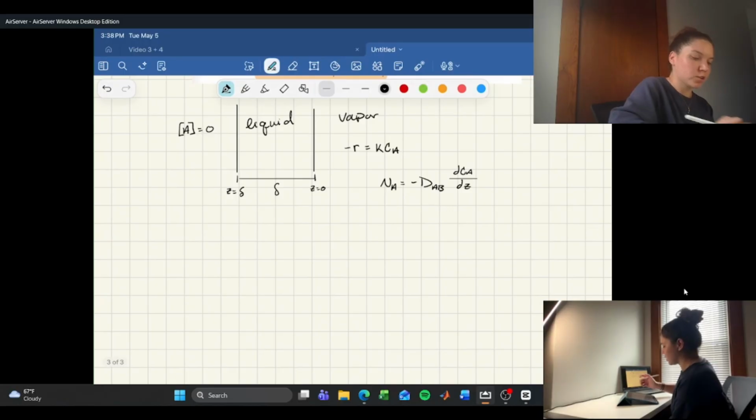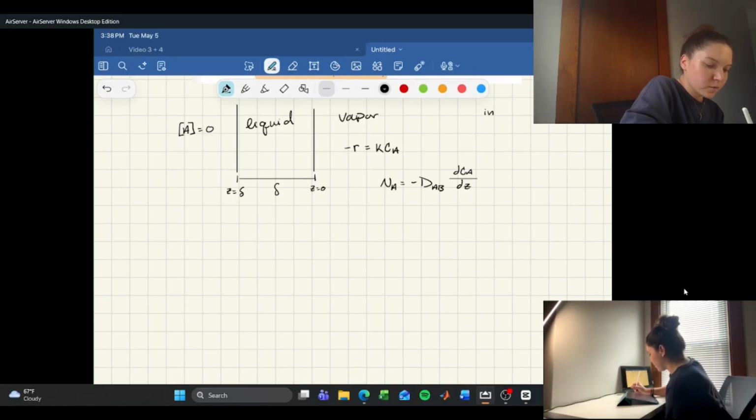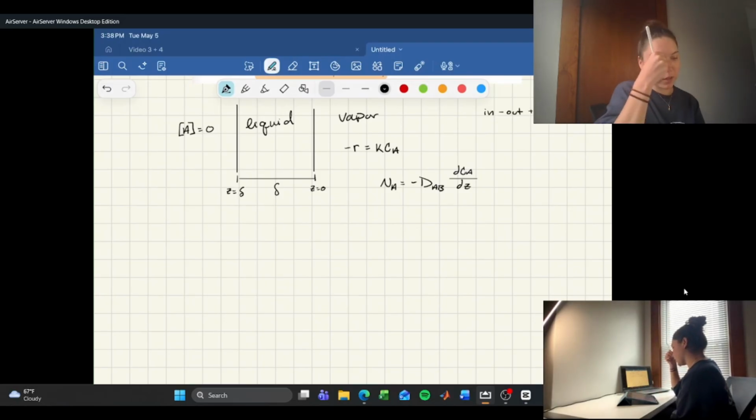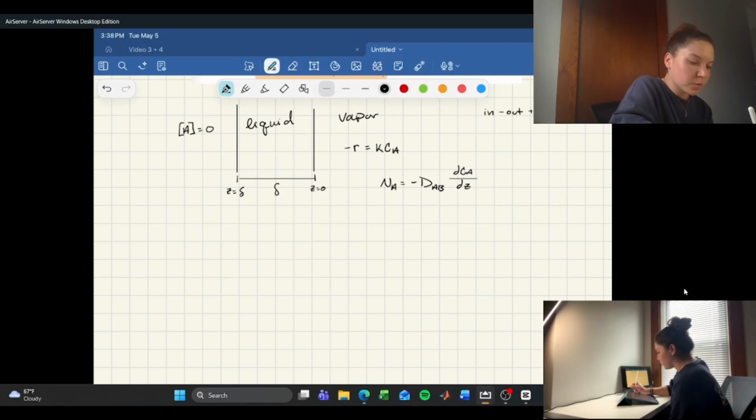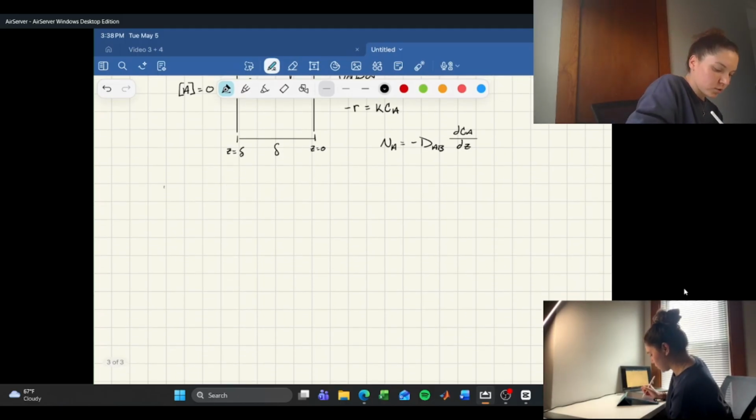So the overall balance here is going to be in minus out plus accumulation, but it's going to be plus the reaction rate, equal to 0. If we model this as a box, we're going to have in minus out, this is going to be the concentration, and this is the change in concentration over the change in position.